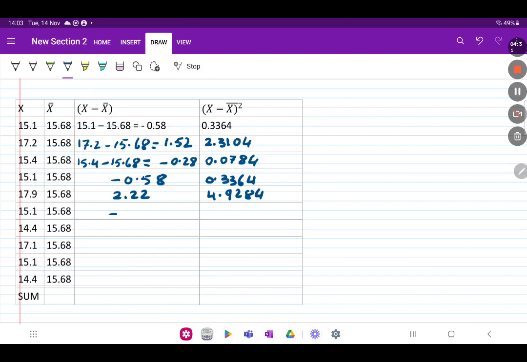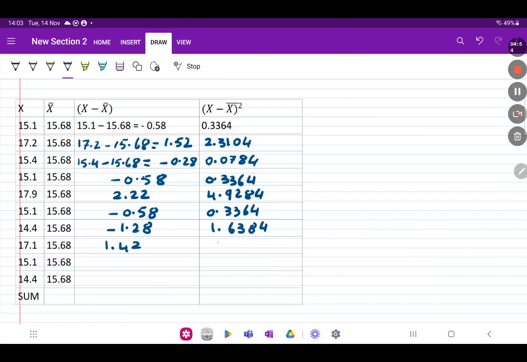And so, again negative times negative will give us positive, minus 1.28, then having squared it, 1.6384.